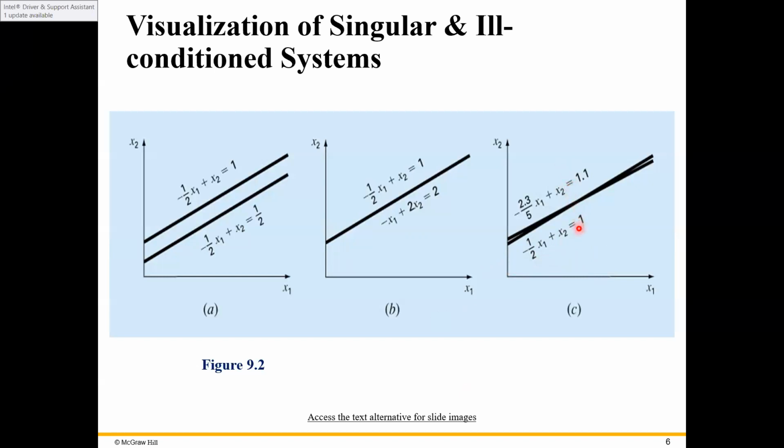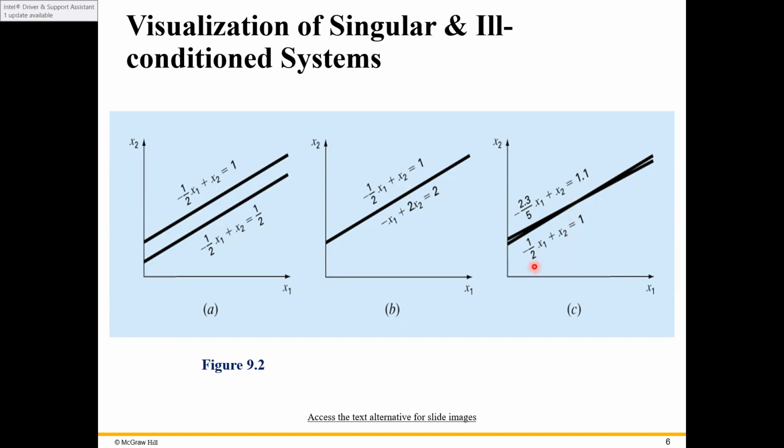And in this case, it is very difficult to see where exactly these lines are intersecting. Although numerically it may have some more accurate solution, visually we cannot say. Someone will say that it will intersect at this point, someone will say that it is intersecting at this point, someone will say that it is intersecting at this point. So graphically it is difficult to see the solution.